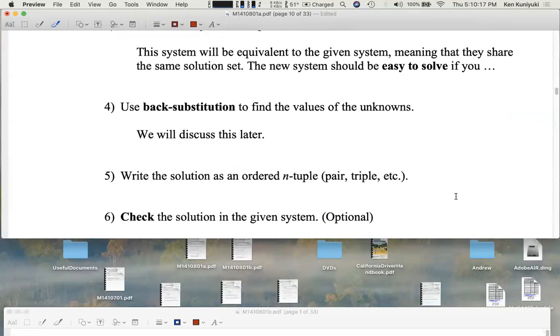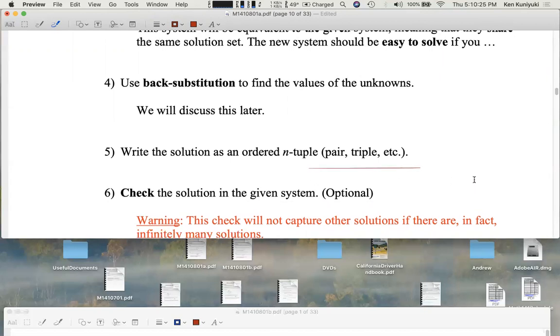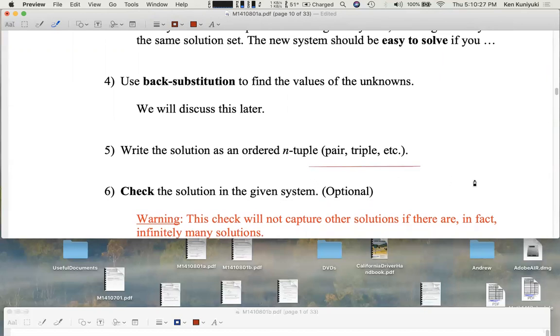Use back substitution to find the values of the unknowns. Write your solution. Presumably, it's one unique solution as part of a solution set. Optional step, you can check. It's not required, but wow, you feel really good if your solution checks out.